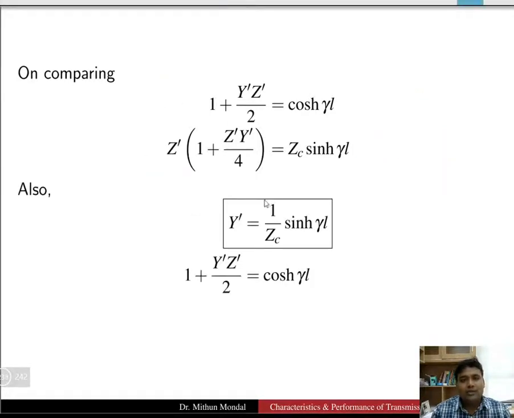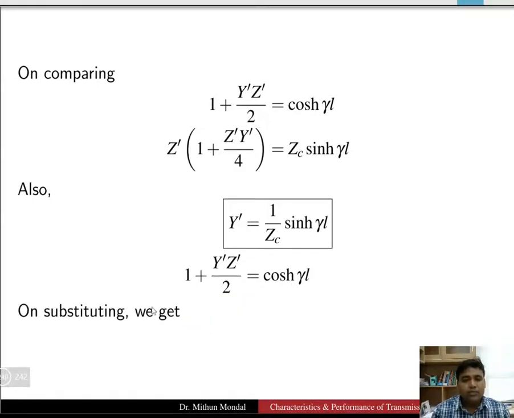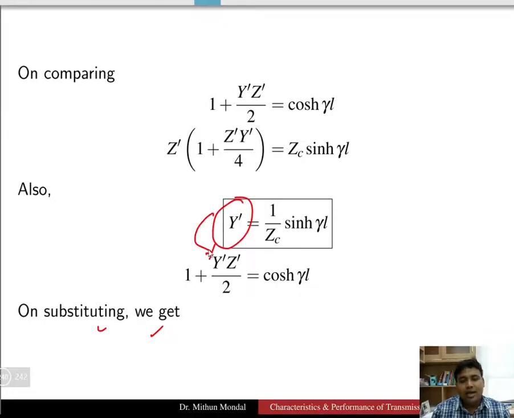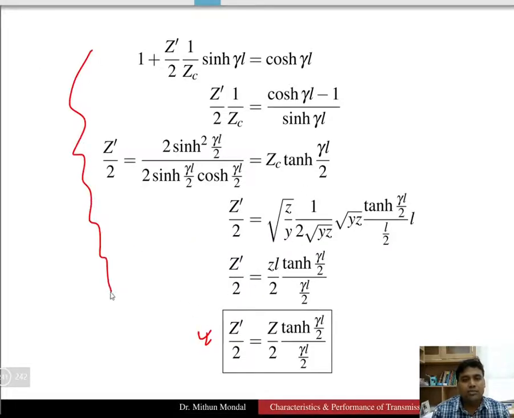Also, from here we have obtained Y' equal to 1 by Zc into sinh(γL). There is one more relationship: 1 + Y'Z'/2 is equal to cosh(γL). Now, Y' we have already obtained, so directly substituting here and simplifying, these are the steps for the simplification.